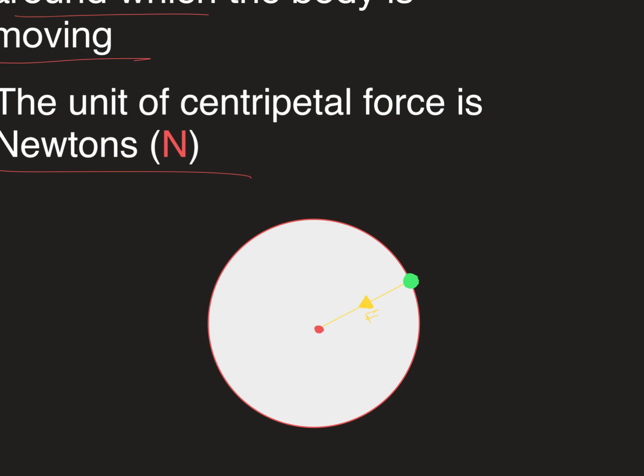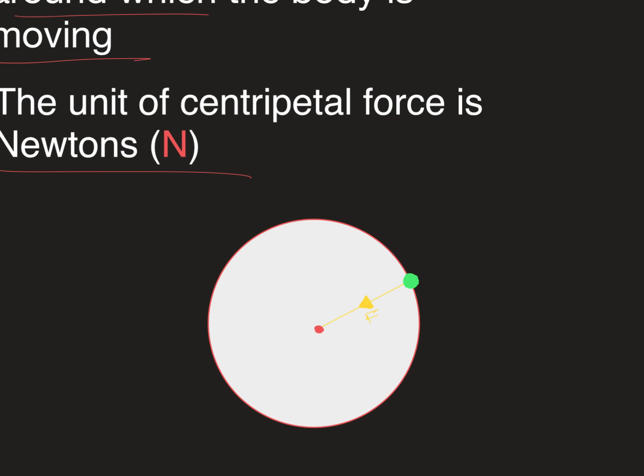The reason for this is, as the body is moving in circular motion, the string attached to it is having tension, and that tension is the centripetal force. Because it was having a centripetal force, its motion will be circular.